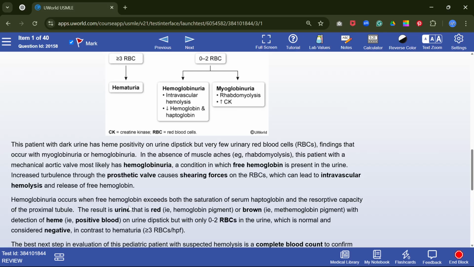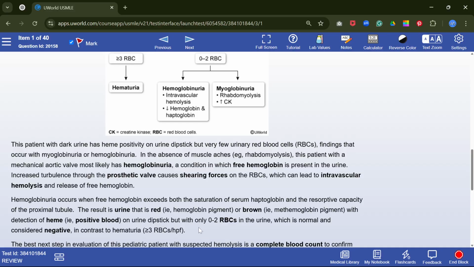Hemoglobinuria occurs when free hemoglobin exceeds both the saturation of the serum haptoglobin and the resorptive capacity of the proximal tubule. The result is red urine from hemoglobin pigmentation, or brown from methemoglobin pigmentation.